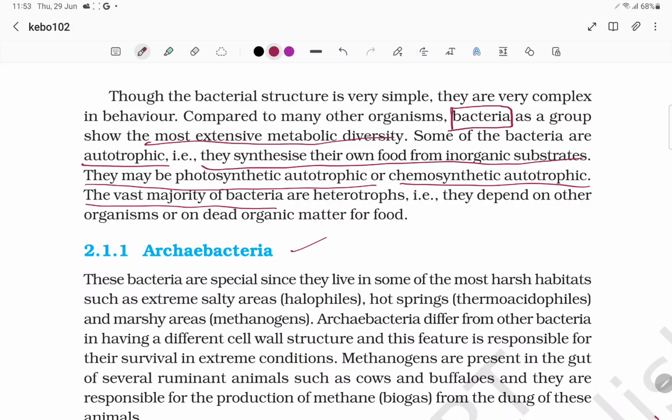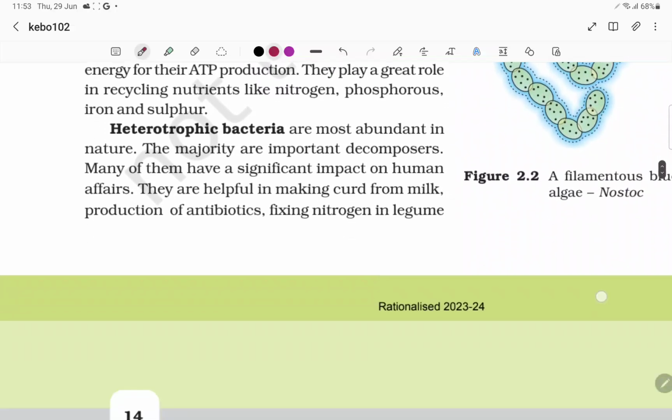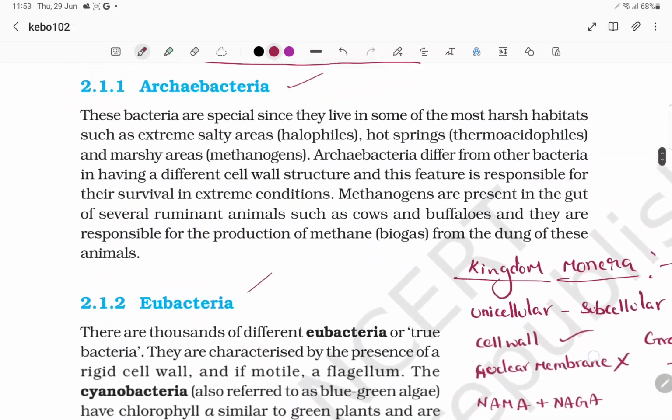Photosynthetic autotrophs such as sulfur bacteria, where the main substrate is not water, it is H2S. And we have the heterotrophs, which mostly live as parasites, disease causing agents, like Salmonella typhi, which causes typhoid. They depend on other organisms and on dead and decaying matter for the decaying process also. Let's see about the various types of kingdom Monera.